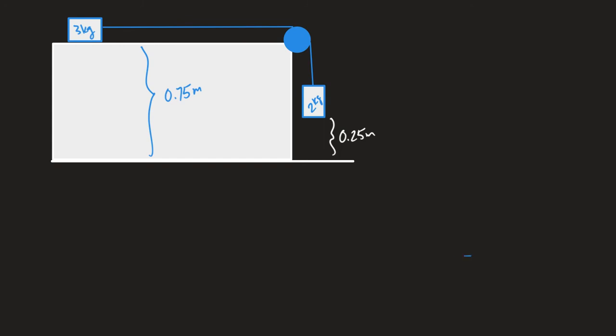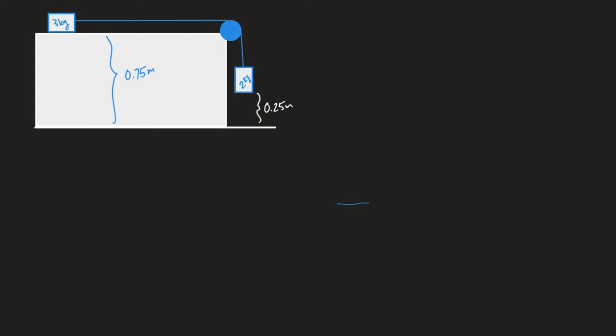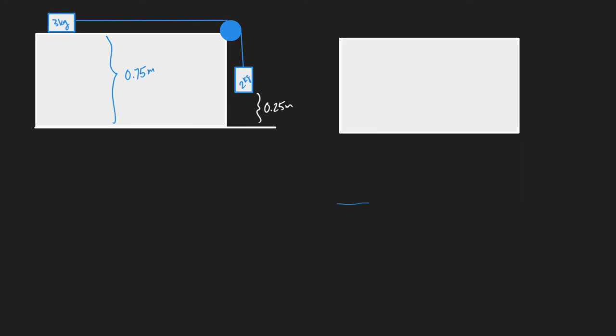So this is state number one. Let's see if we can imagine what state number two must look like. State number two, I'm thinking we still have a table. The table hasn't changed. Still have a pulley. Pulley's still there. Still have the floor. Floor hasn't moved out the way.